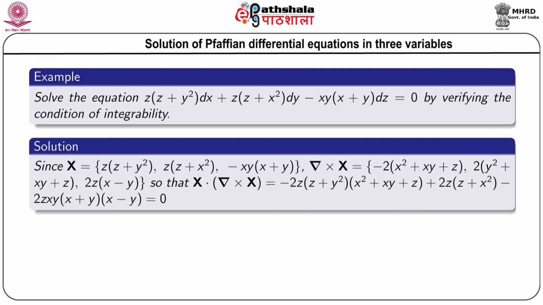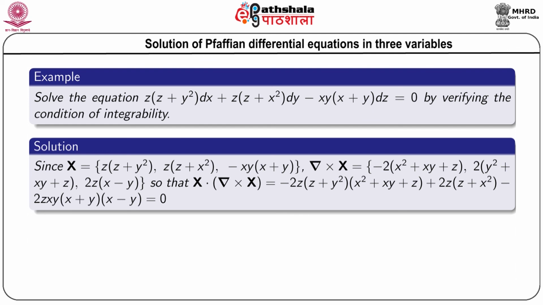Now, we shall use method 6 to solve this example: z(z + y²) dx + z(z + x²) dy − xy(x + y) dz equals 0. First of all you have to verify the condition of integrability of this equation.